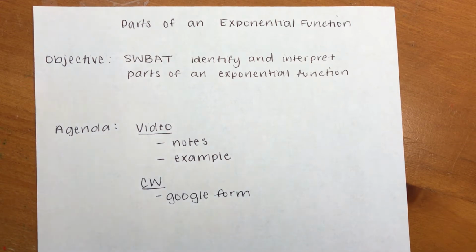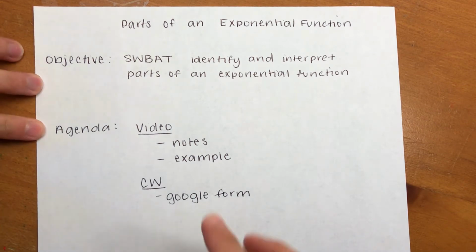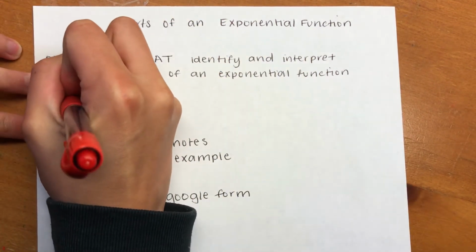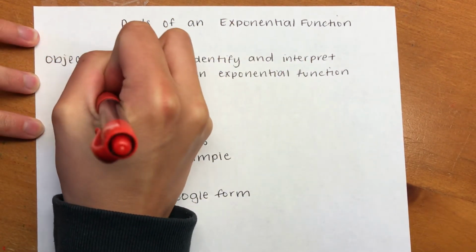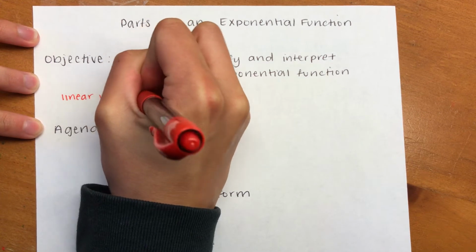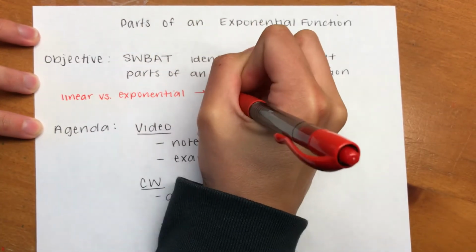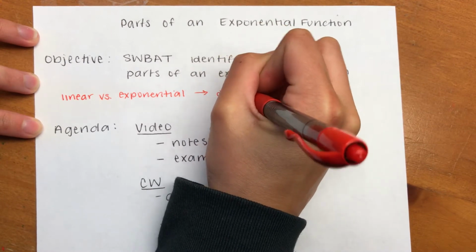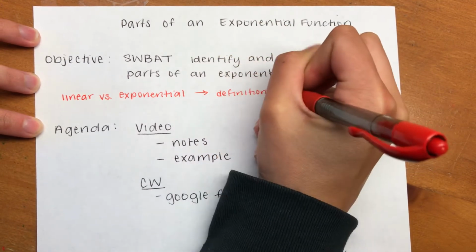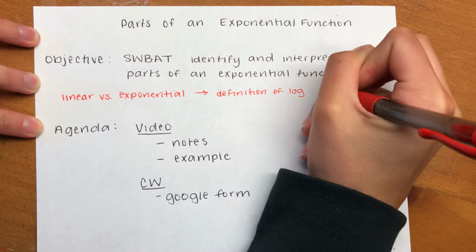So real quick, let's go over what we've done over this pandemic online learning. We started with linear versus exponential. And then we talked about the definition of a log, or a logarithm.